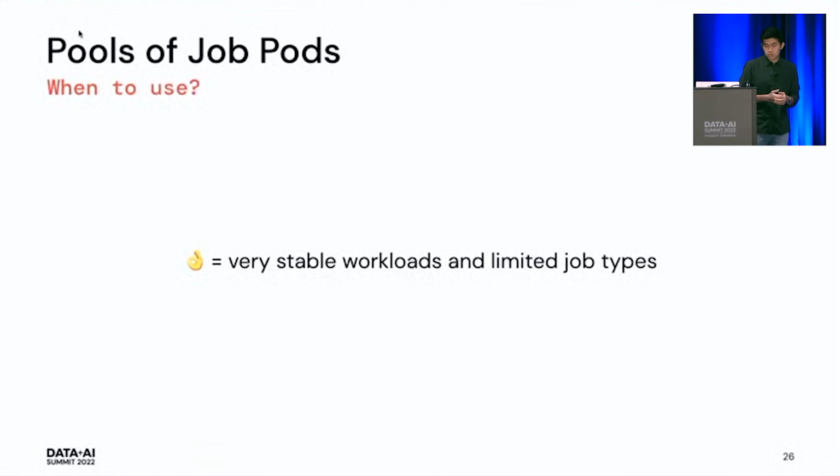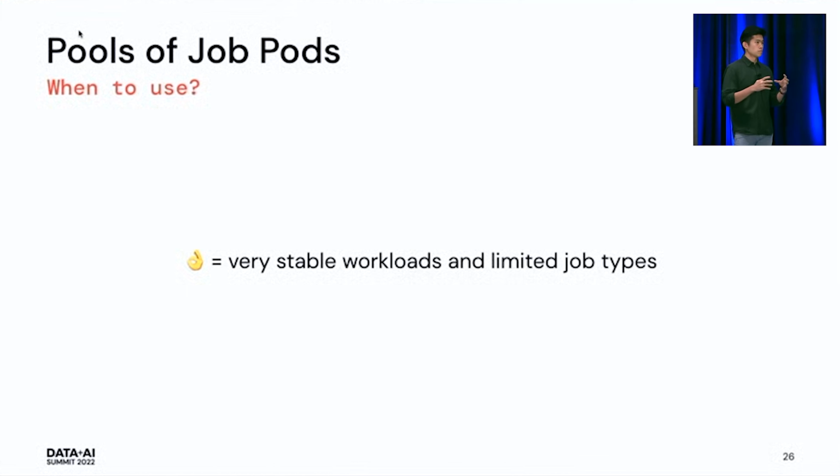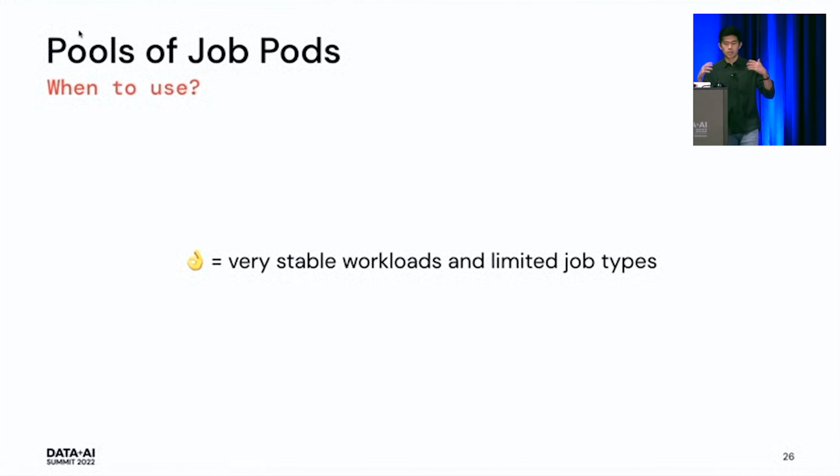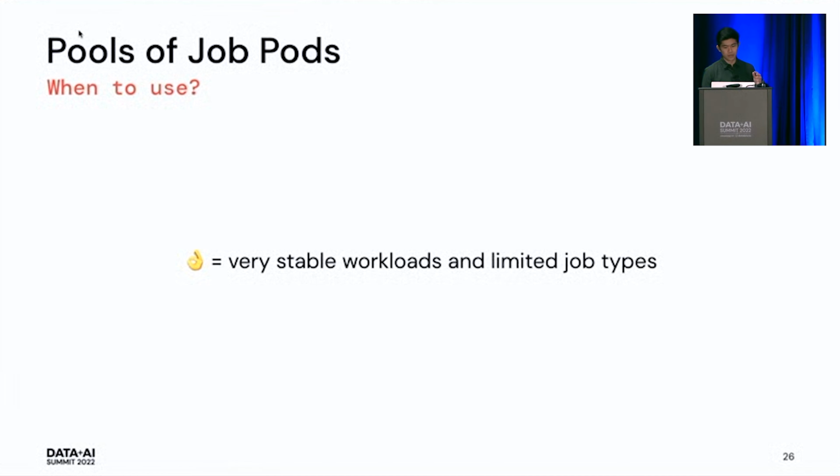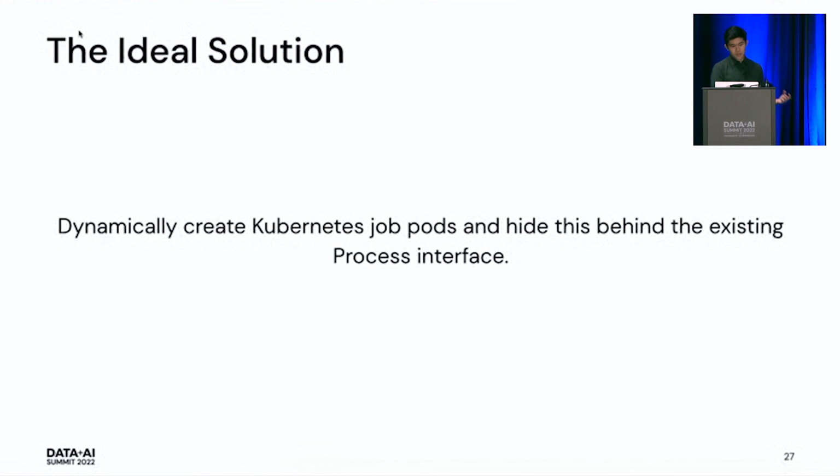However, this is appropriate, right? If you have very stable workloads, so you can avoid the problem of underutilized job pods, and you have limited job types, so you can avoid that operational complexity with running all these empty pods in your clusters. So as we worked through this, we thought to ourselves, okay, what is our ideal solution, right?